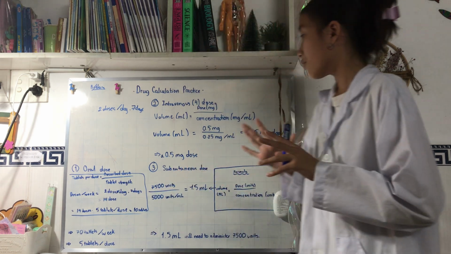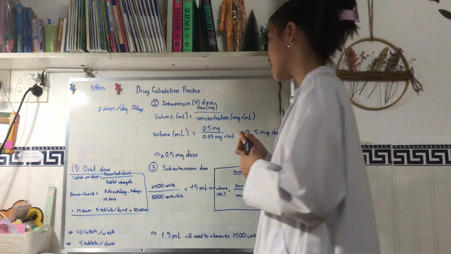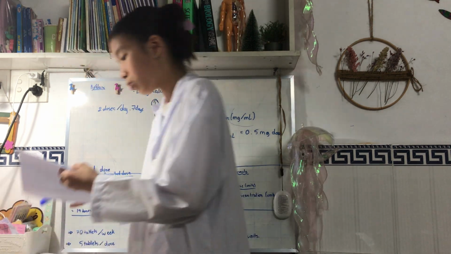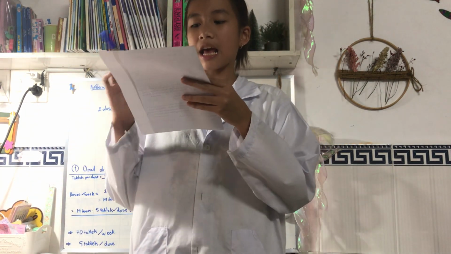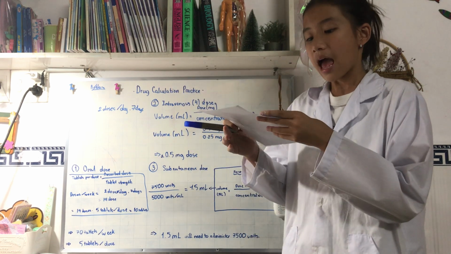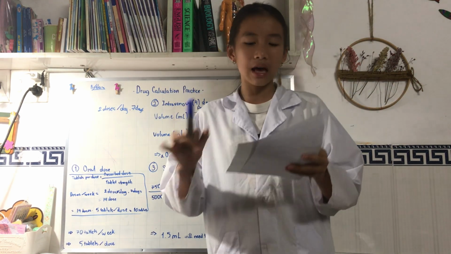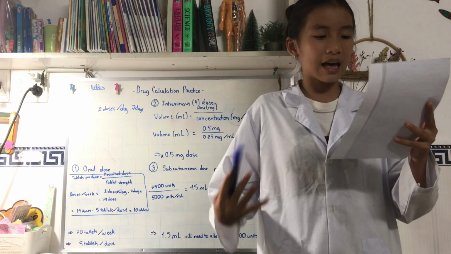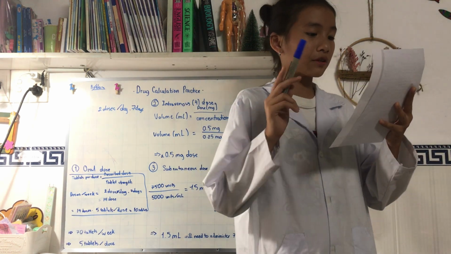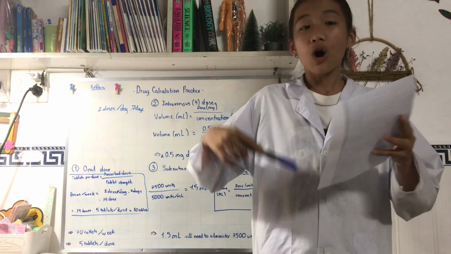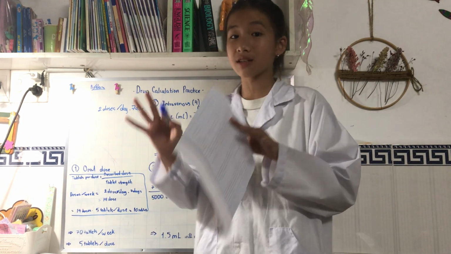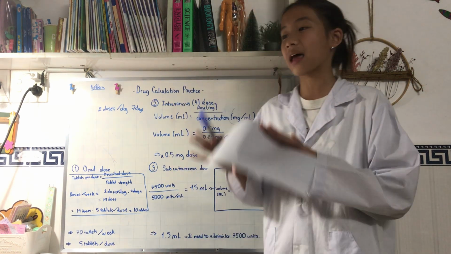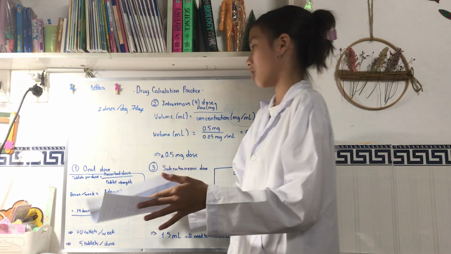For this problem, look at the information that they have. It's 0.25 milligrams per milliliter, so we know that's a concentration, and we must find the volume, because the concentration is in liquid form, and liquid form must be a volume.